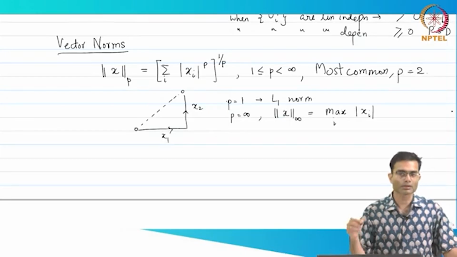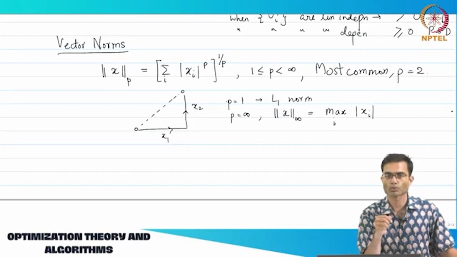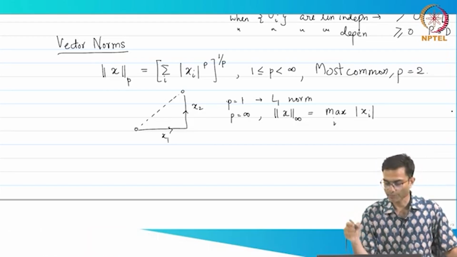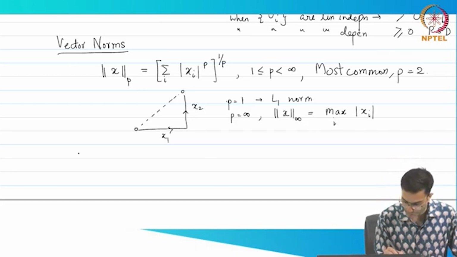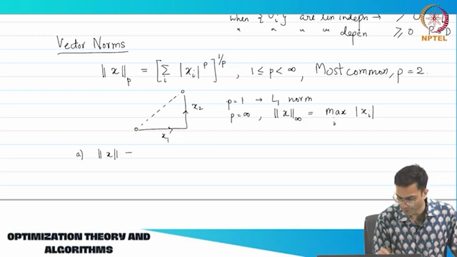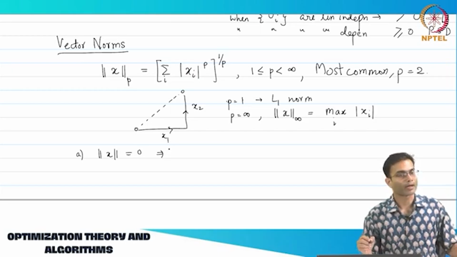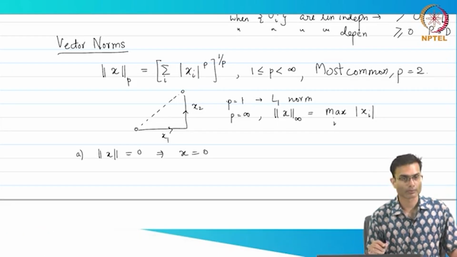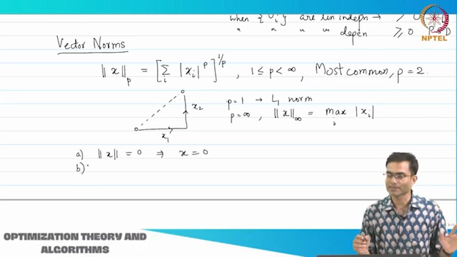Okay, so there are certain requirements of a norm which we'll just note down, and they are very, very basic, which is what in fact prevents P from being less than 1. So I'm going to just note down those properties. They're quite intuitive. The first property is that if the norm of a vector is equal to 0, then it can only happen if the vector itself is equal to 0. So all of this is very intuitive if you think of norm as some type of distance measure.